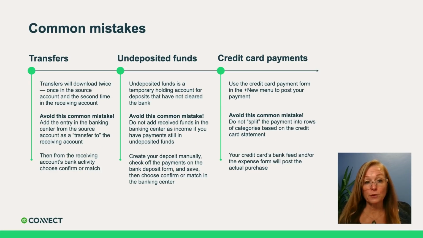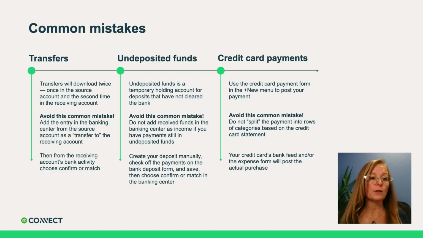So let's avoid some common mistakes here. One of those is transfers. So if I am, say, using the bank feed center and a transfer downloads from my checking account, and it also downloads into my savings account where it arrived as a deposit, if I add them both from the bank feed center, I'm going to get two transactions, or I'm going to duplicate the same transaction.